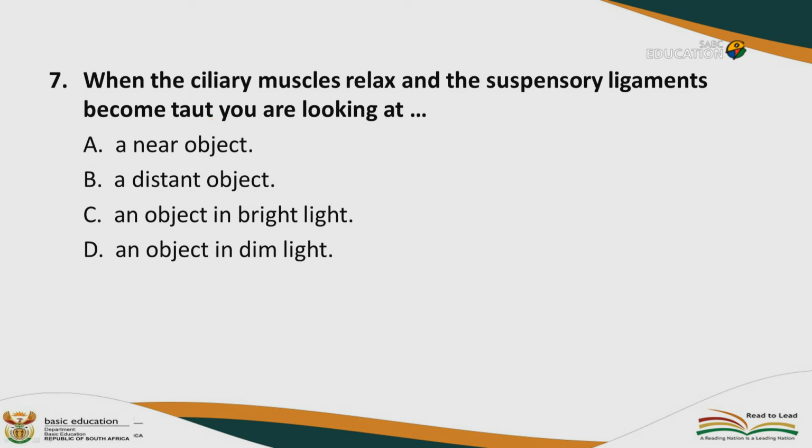When the ciliary muscles relax, the suspensory ligaments become tight. So therefore the lens is pulled tight, which means this is distance vision.